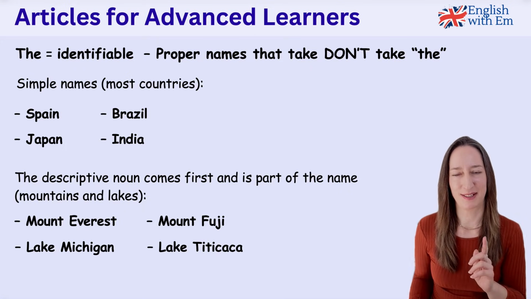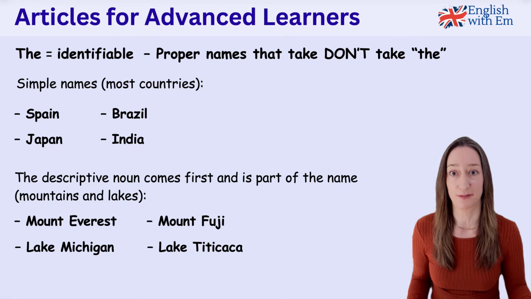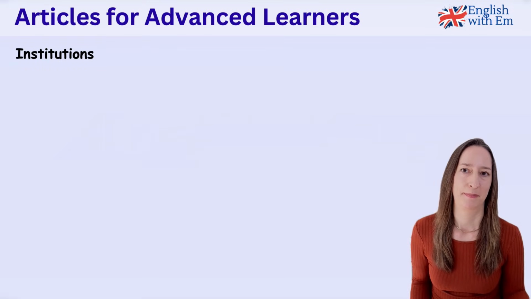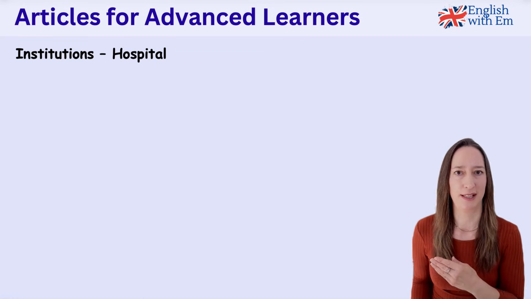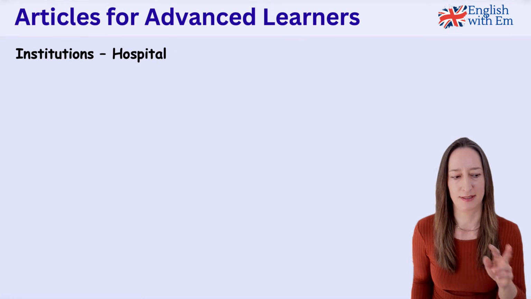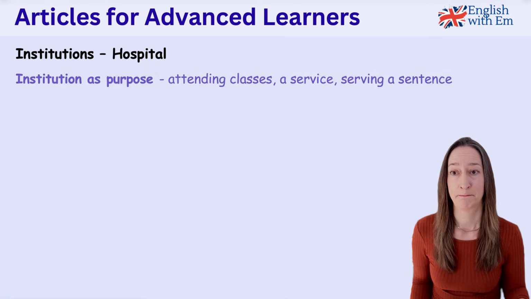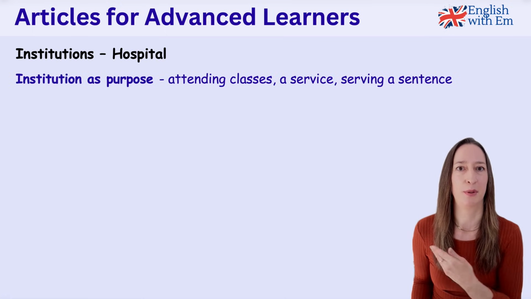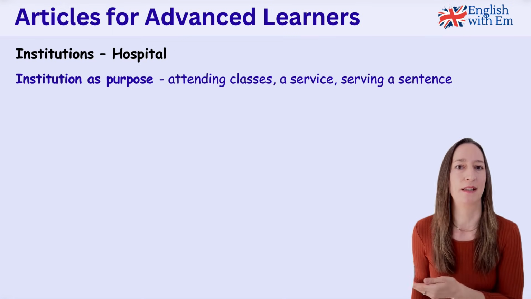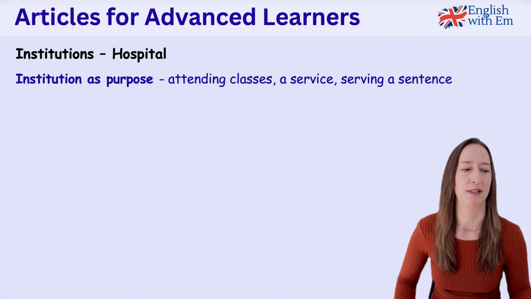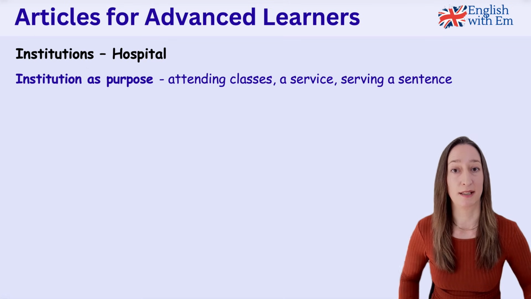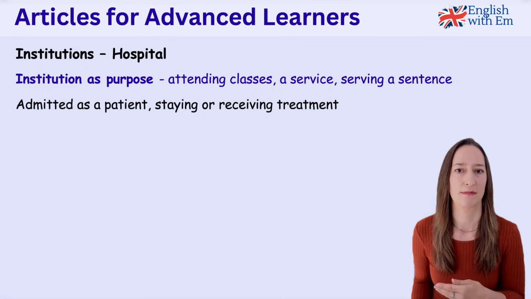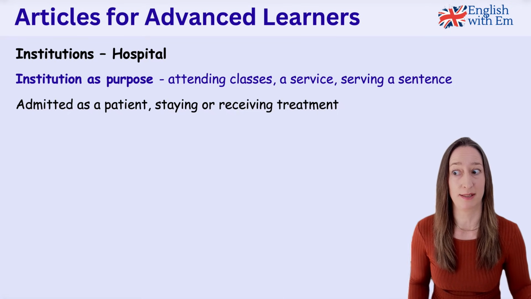We're going to finish up with a subject that is a source of great confusion to learners, and that is institutions. So we're going to start specifically by looking at hospital, because this one has a regional difference. Now, when we look at an institution in terms of its purpose, so for example, attending classes, a service, or serving a sentence, and in the case of a hospital, that means being admitted as a patient, staying or receiving treatment.